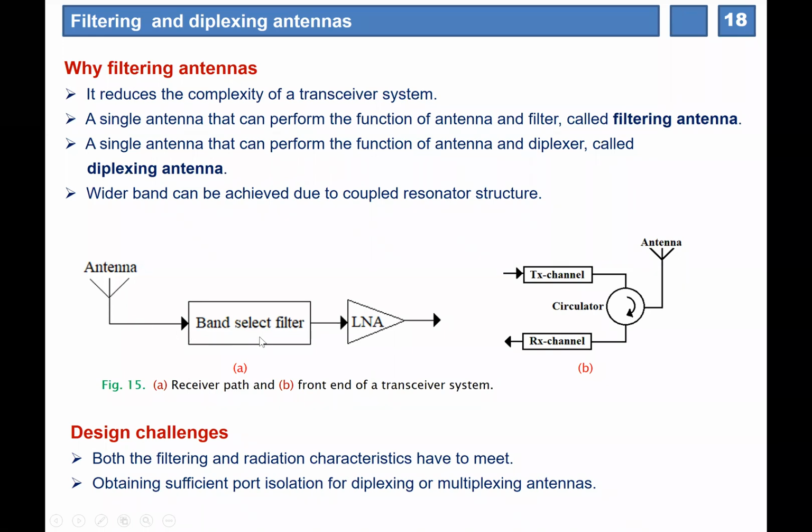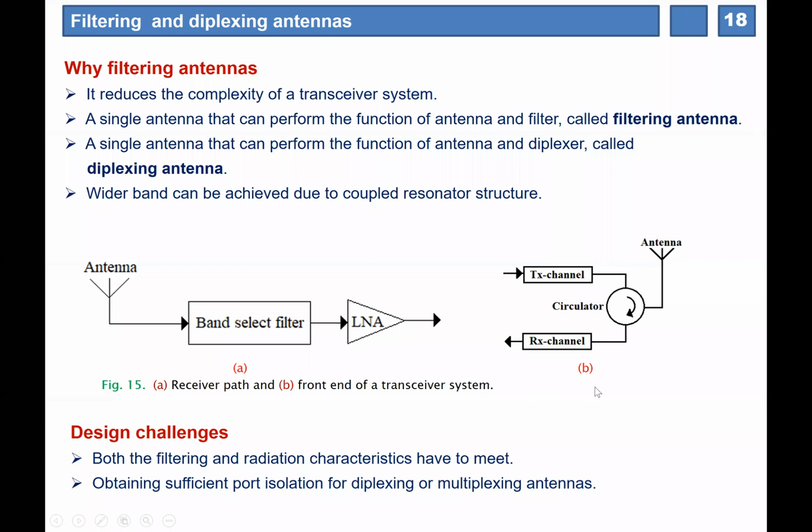We have to design them separately, then integrate the two. That simply increases the complexity of the system. So if we have one antenna that can also have that band select property, then we can be done with one single component. That's why antennas with filtering characteristics are of great interest for passive circuit designers.